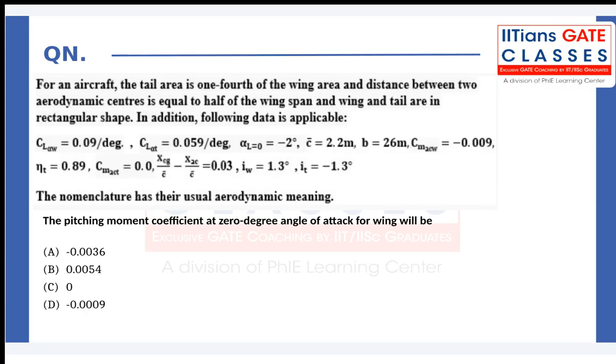Then the question is: the pitching moment coefficient at 0 degree angle of attack for the wing will be. So what is the quantity that they're asking? How do we denote this pitching moment coefficient at 0 degree angle of attack for the wing?